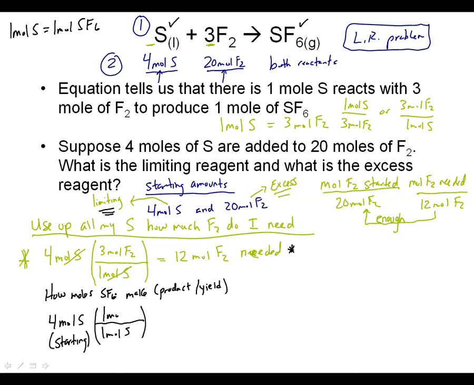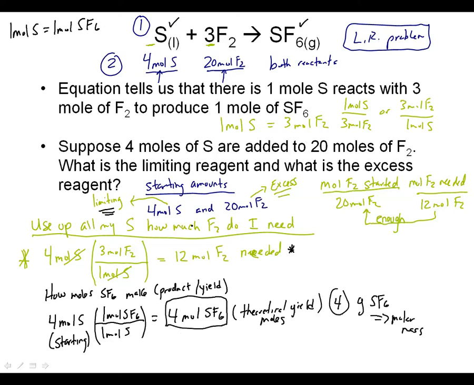And that would say we would produce 4 moles of SF6 in this case, which would be our theoretical yield in moles. And if we want grams, you can figure out how many grams to produce, but it's a little step between the reagent, and then you can continue on to step number 4.